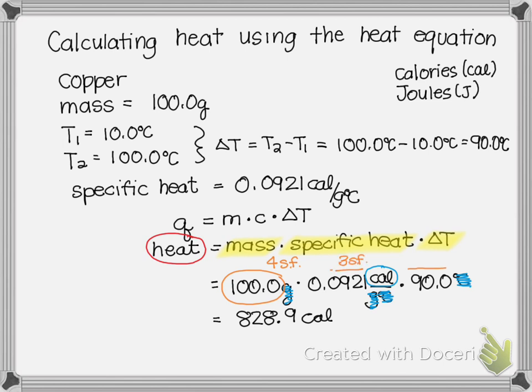But even better, this one only has 3 significant figures. So I do think I'm going to round this to 3, and it's 828. I'm going to drop off this 9, which makes the last digit round up. So I'm going to report 829 calories as my answer.